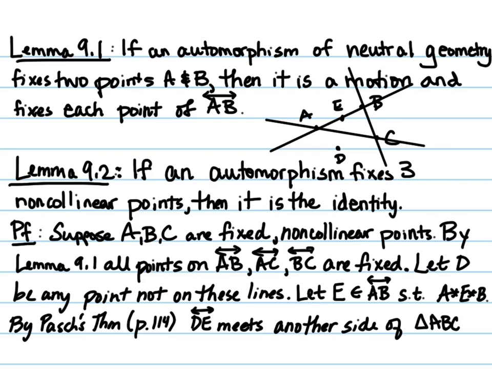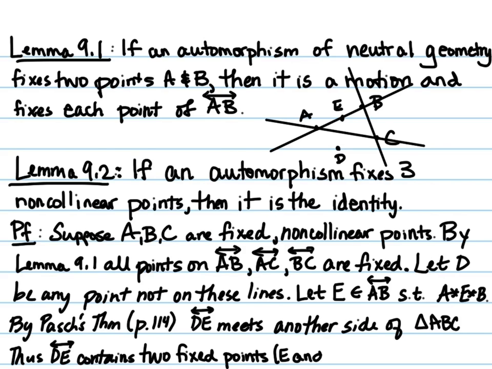So, in that case, line DE contains two fixed points: E, which we already said, and the intersection point with the third side of the triangle.